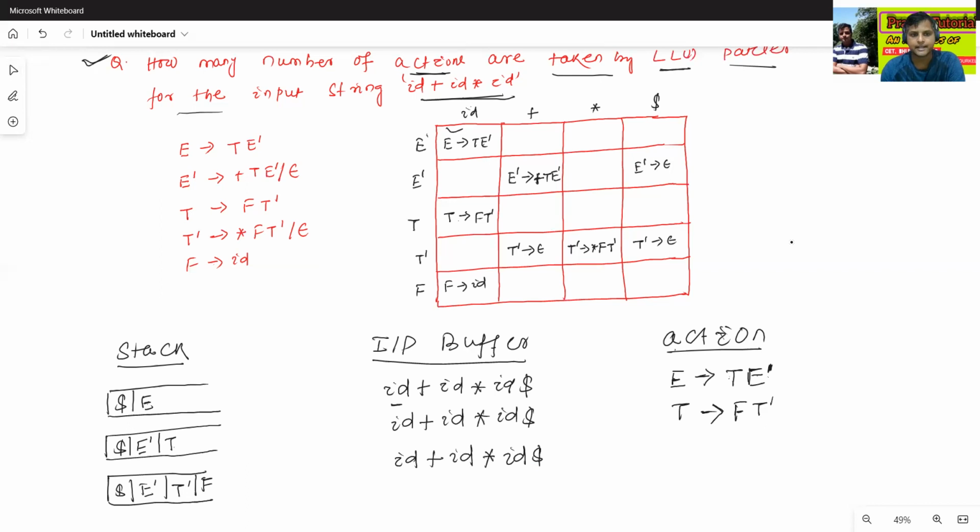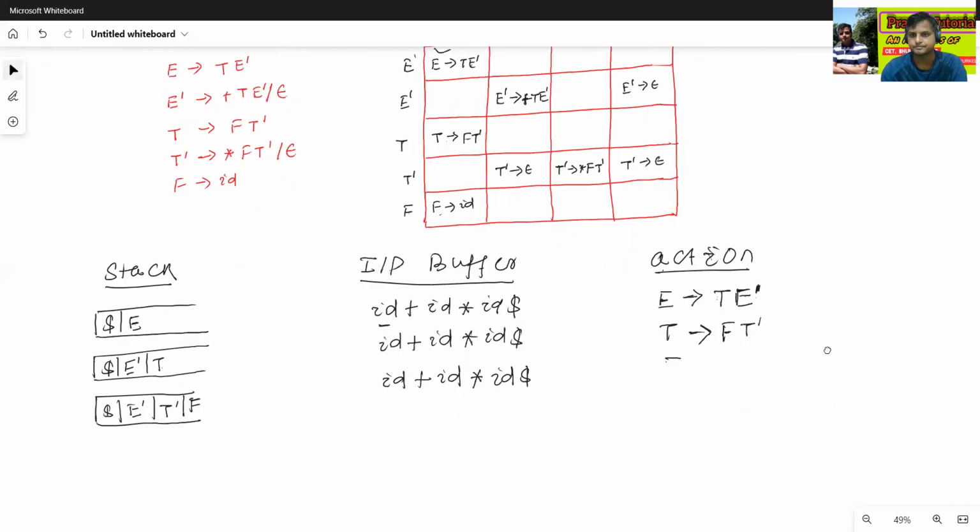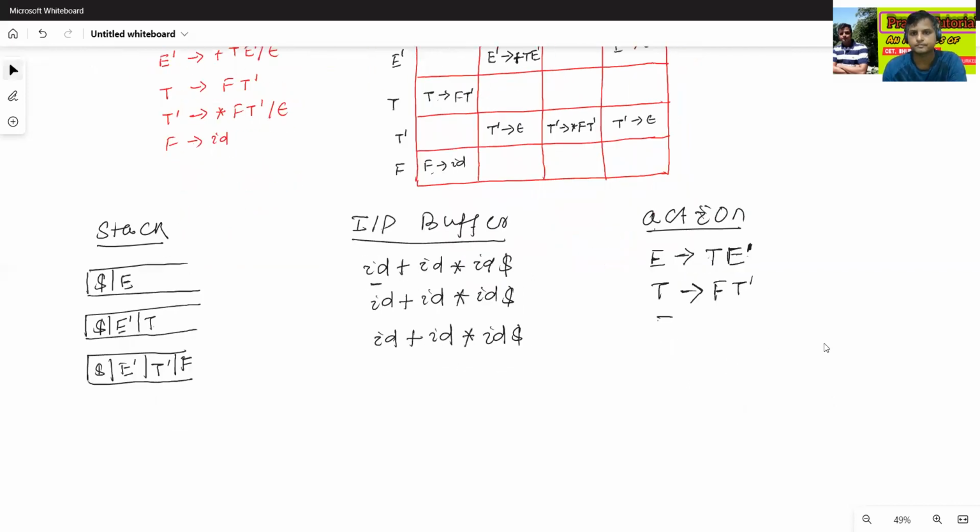So now we'll check M[F, ID]. F to ID is the production.